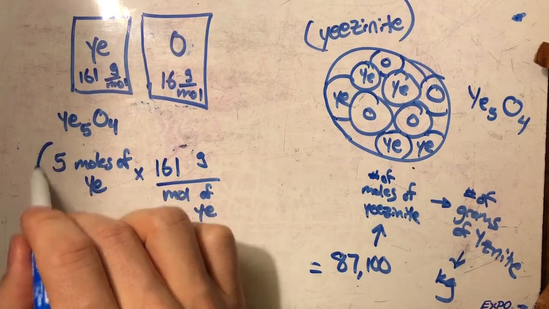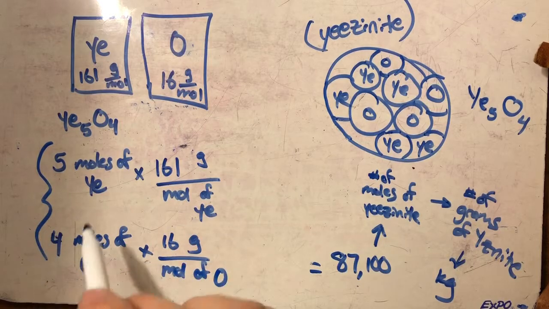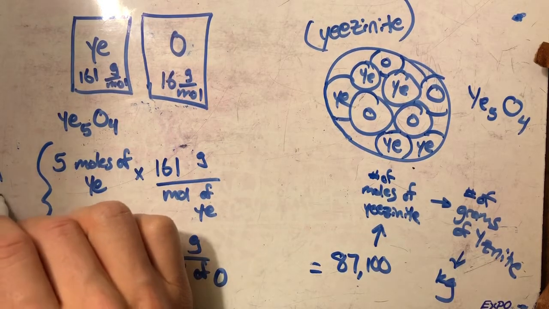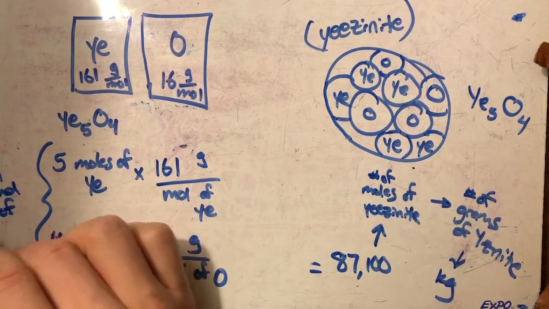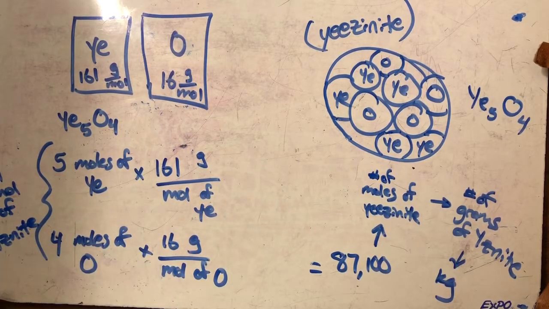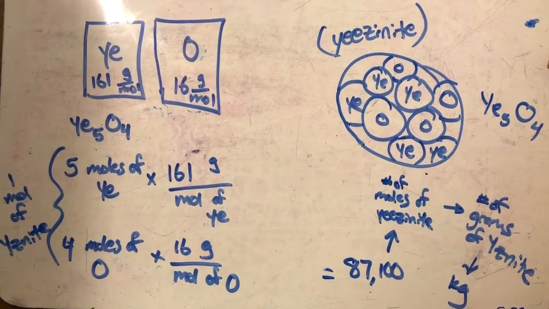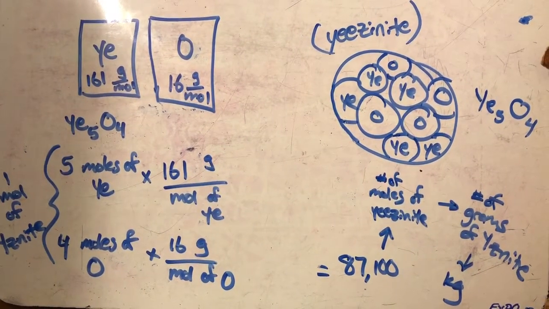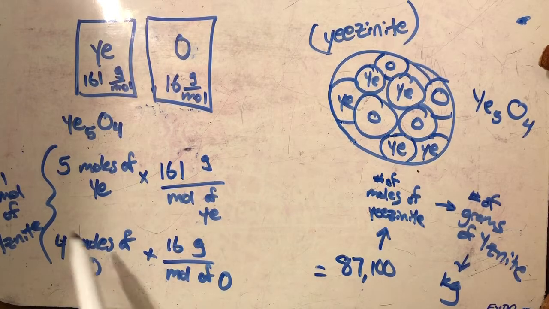And just a note, this is all in 1 mole of Yeezinite. In the 1 mole of Yeezinite, we have 5 moles of Yeezium and 4 moles of oxygen.